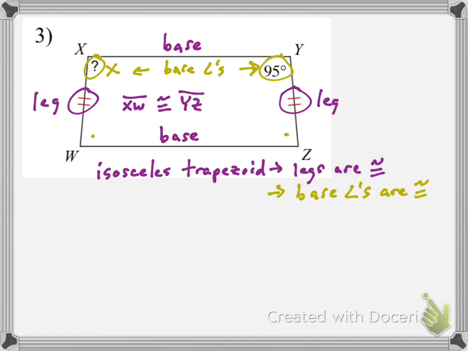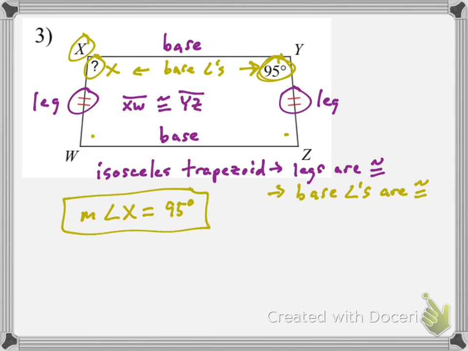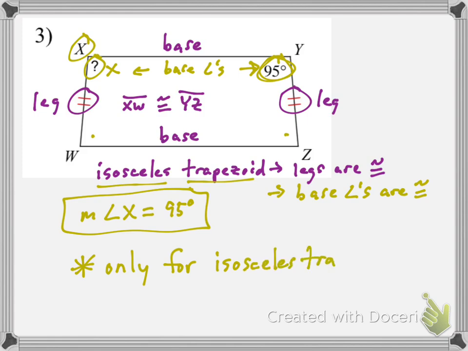So what that means is the measure of angle x is 95 degrees, okay? Now, this only happens in an isosceles trapezoid. If the legs aren't congruent, then it's just a plain old trapezoid, and none of these rules are good. So again, only for isosceles trapezoid.